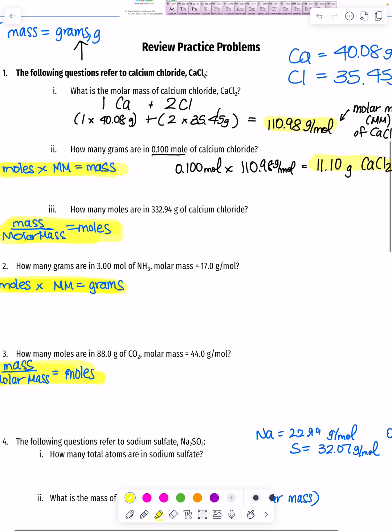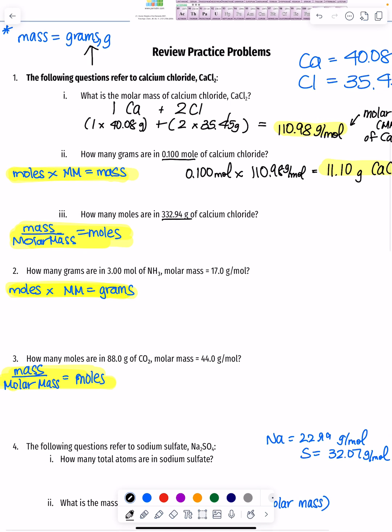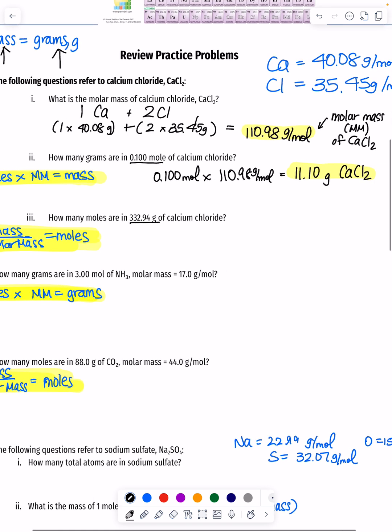And then the third one here says, how many moles are in 332.94 grams of calcium chloride? So I'm given grams now, and I want to know moles. I have to use this equation. I take my mass, which, again, mass is grams, and if I divide it by the molar mass, I will get moles. So let's do that now. My mass is 332.94 grams.